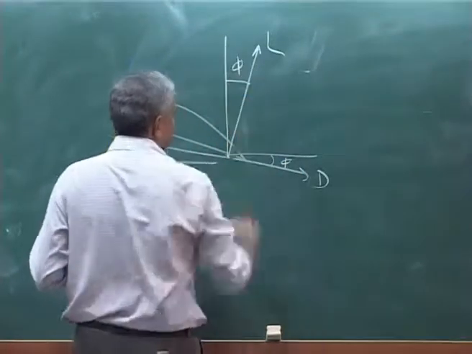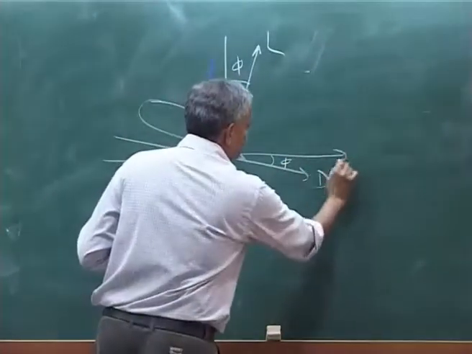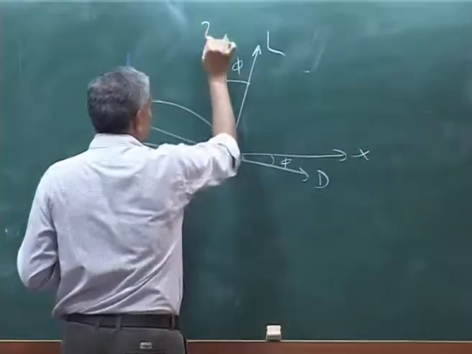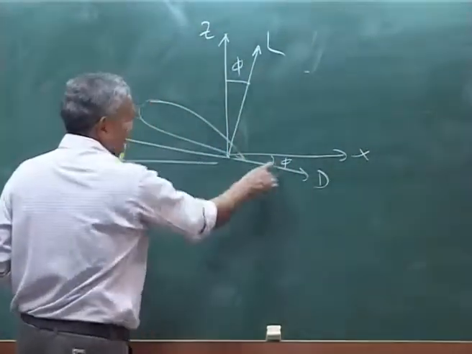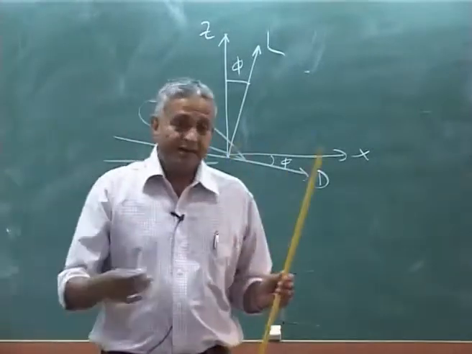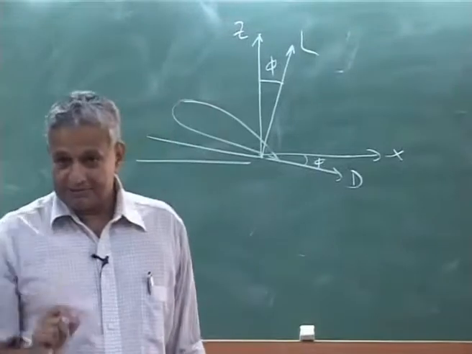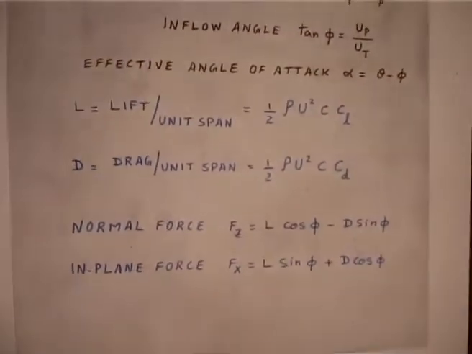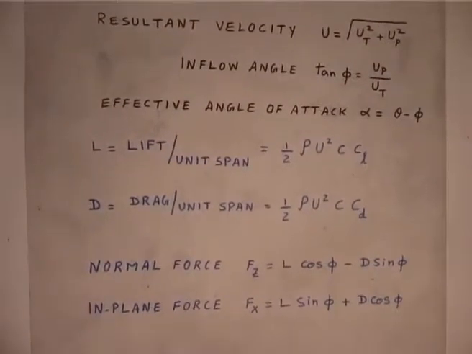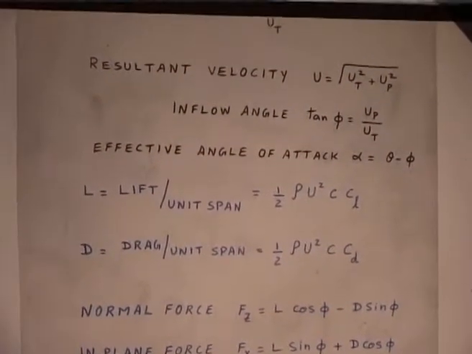This is what we said x, this is what we said z. So, L cos phi minus D sin phi. So, I must take drag also into account. And then the in-plane force is L sin phi plus D cos phi.